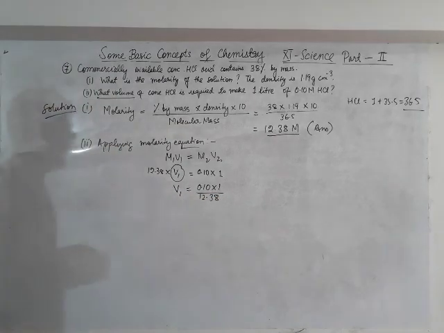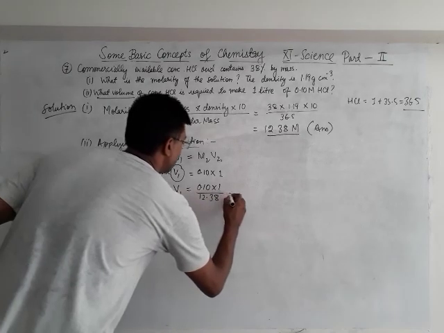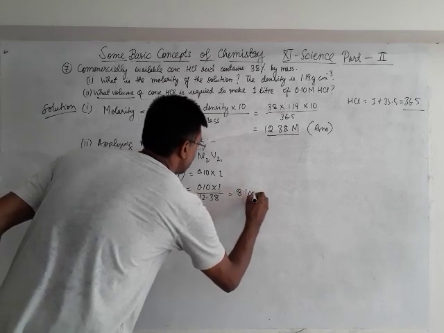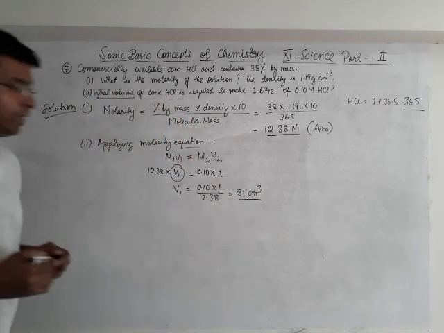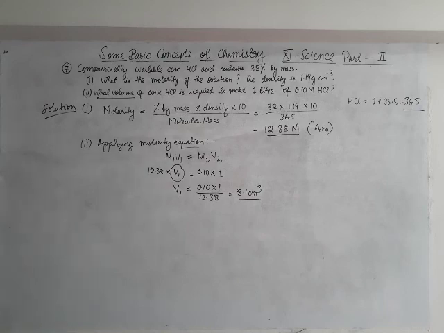We are going to get the answer in liters. We can convert after that the answer into centimeter cube or milliliter as well. Now try to simplify this. I am waiting for the answer. It comes to roughly 8.1 centimeter cube, and that is the second answer.